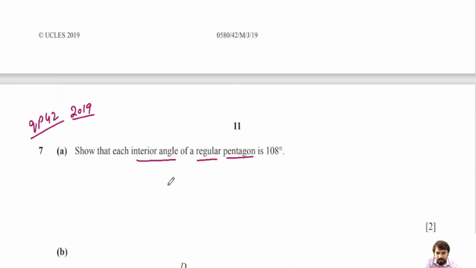And how can we do that? We have the formula, the interior angle is equal to n minus 2 into 180 divided by n. If we calculate one interior angle, it means all interior angles are of 108 degree each.